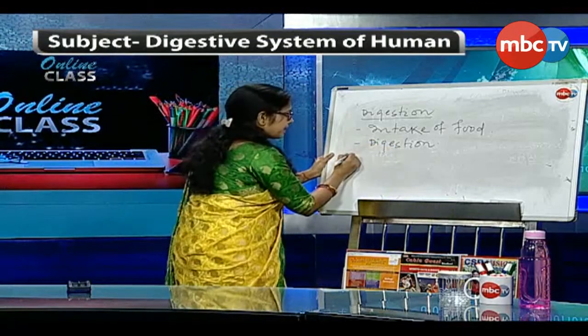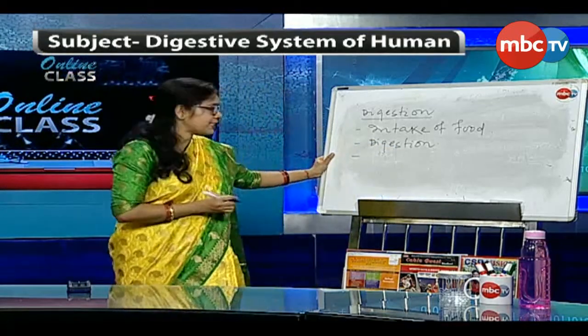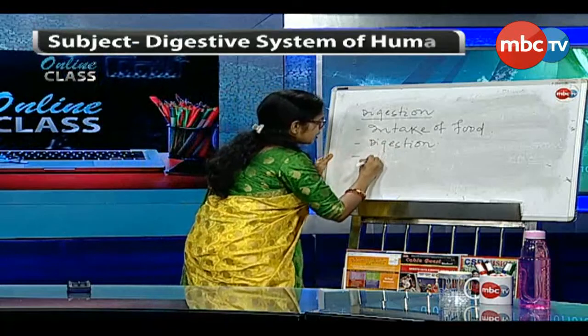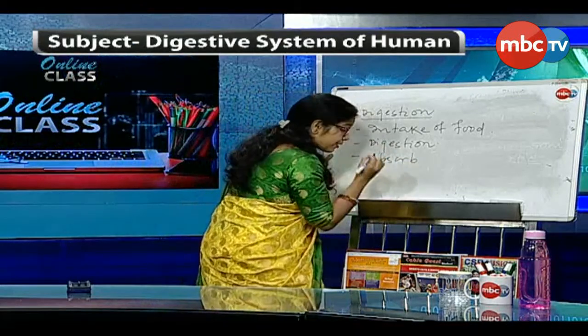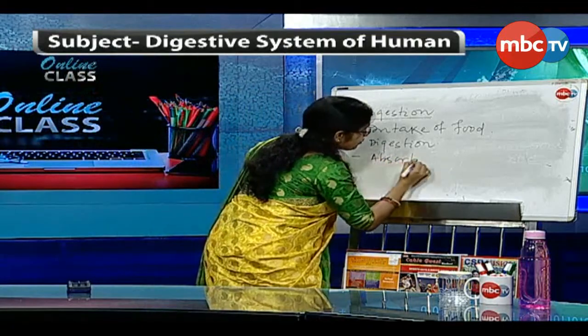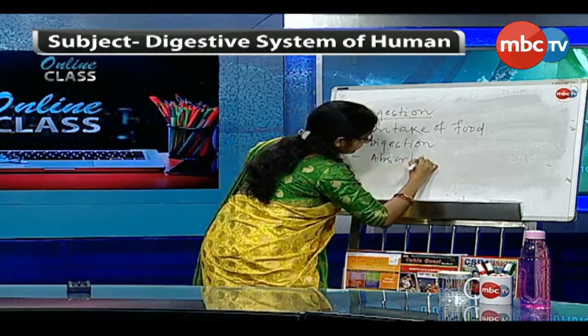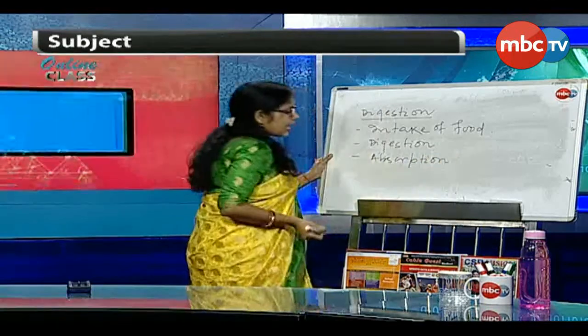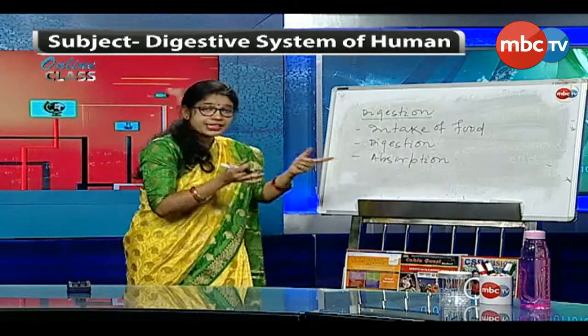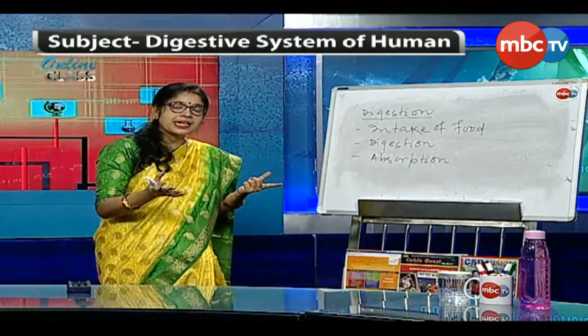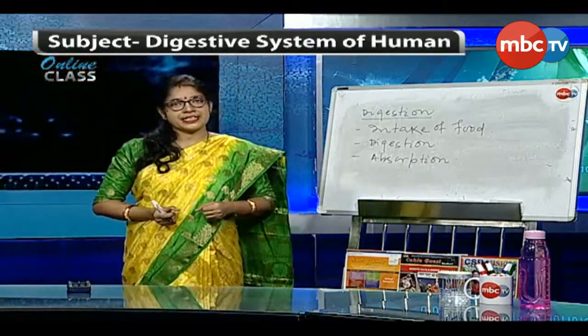And the third step within the physiology of digestion, after digestion the food should be absorbed. So, the third step is absorption. After digestion the food will be absorbed within which part of the alimentary canal? Mainly within the small intestine.